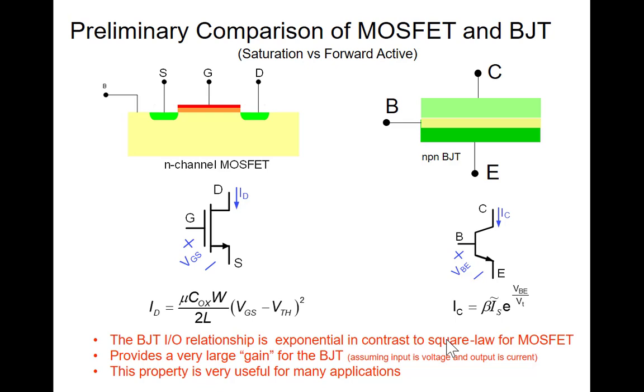This high gain property this device has is very useful in many applications. And that's probably the major reason that a lot of your linear ICs are still built with the bipolar processes.